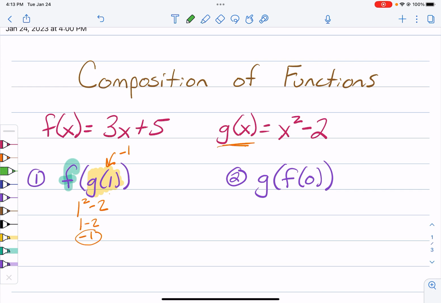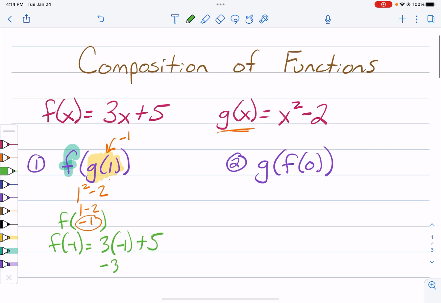So what I'm now finding is f of negative 1. So if I take my negative 1 and plug it into my equation for f of x, f of negative 1 is now 3 times negative 1 plus 5, which is negative 3 plus 5, which is 2. So that means that my final answer for f of g of 1 is 2.